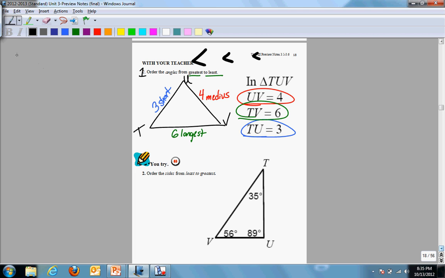In this case, the largest angle is opposite the longest side. So our largest angle is angle U. Our medium angle is across our medium side, so angle T. And our smallest angle is across our shortest side. That's going to be angle V.